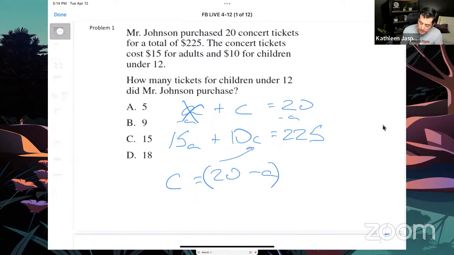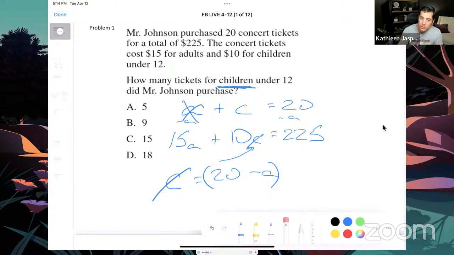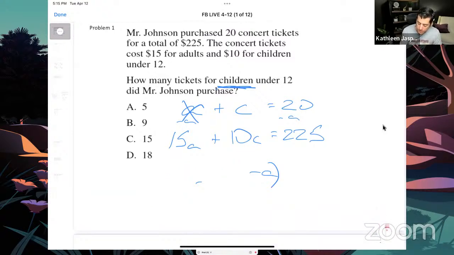And if you notice, the C goes away and now I'm left with A. A is not the one I want. A is the other one, adult. I need children, which is what they're asking me for. So be careful if you're doing substitution and you think, oh, I can solve for C and then put it in, and then you're like, wait a second, I thought I was solving for C when it actually changed it to A.